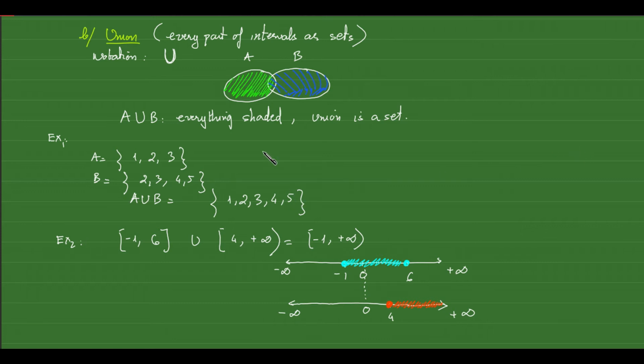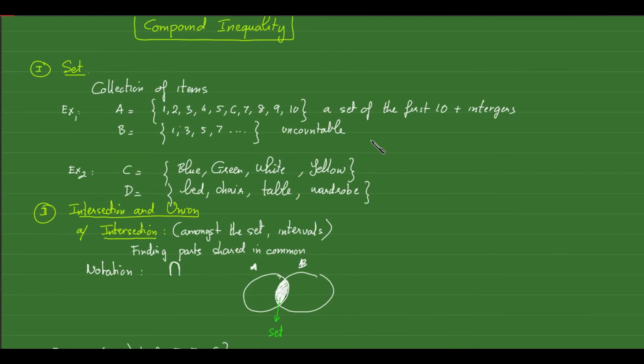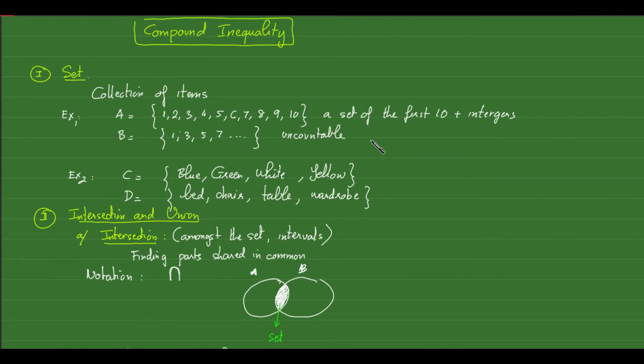Okay, so now that you already know what union and intersection are, we're going to jump to the main part of the lecture today, which is compound inequality. The reason we have to review intersection and union is that a compound inequality, as I said, is a combination of more than one inequality. Each inequality is an interval notation.